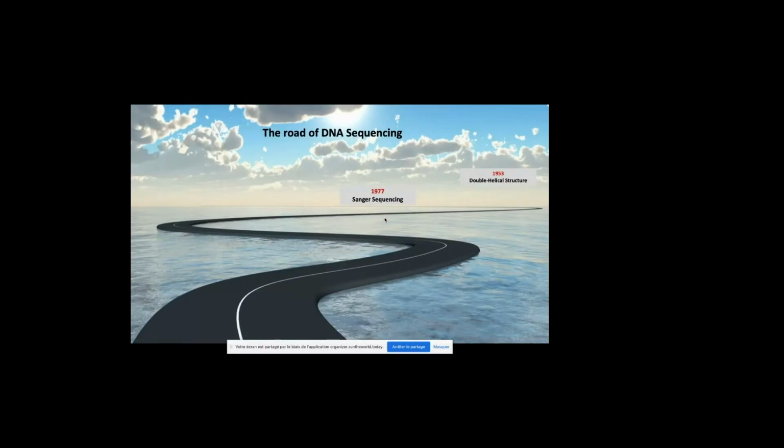And it's only in 1977 that we started speaking about Sanger sequencing, which is the gold standard technique and the only direct genotyping method so far available. So Sanger sequencing is still used today to confirm any findings identified by all indirect genotyping methods and even NGS.